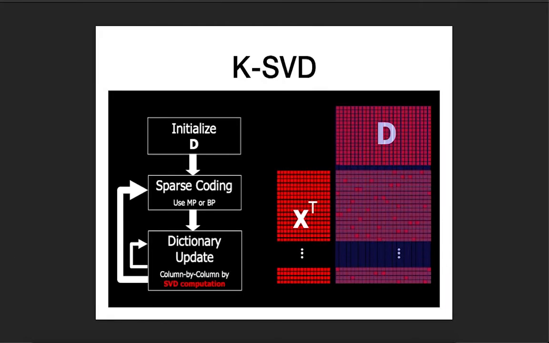So this is the algorithm. It's called K-SVD because instead of doing means, we're doing SVD. The rest is the same. Instead of doing nearest neighbors, which is too extreme, we'll do sparse coding using the pursuit algorithms that we learned in the last class, and we'll update the dictionary once you get these sparse codes, right?